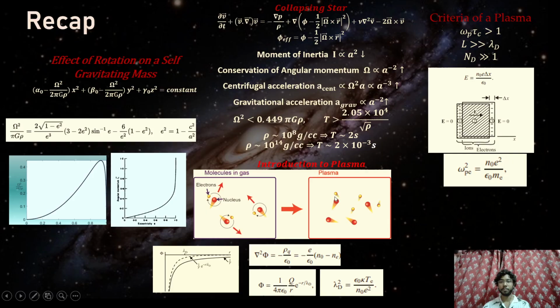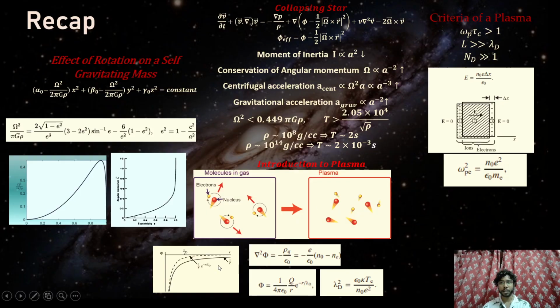And they will form free electrons and free ions, right? Which will move on their own. So these can be thought of as a background of ions and electrons moving freely within the background of ions, or the potential created by the ions. So that is the basic description of the plasma.